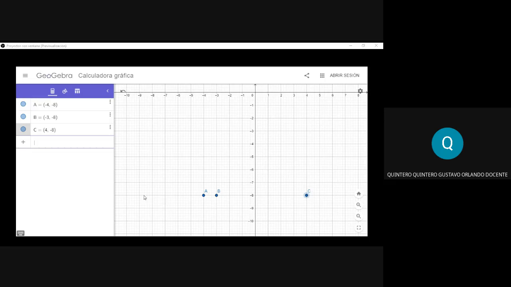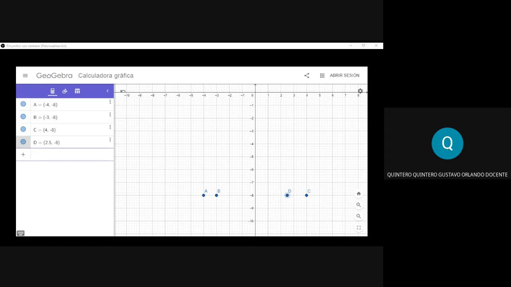It depends on where you want your point. You can even put it in a decimal place. This one, I don't know, 2.5, -8. Point D now, right in the middle between 2 and 3, because it is 2.5 for x and -8 for y. So now we are talking about this point over here, right?